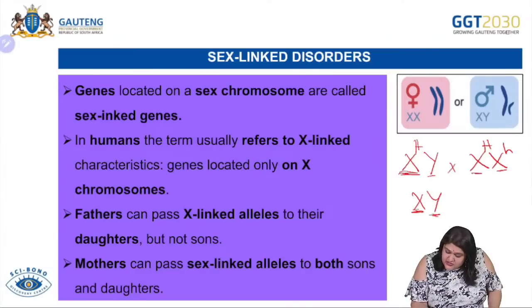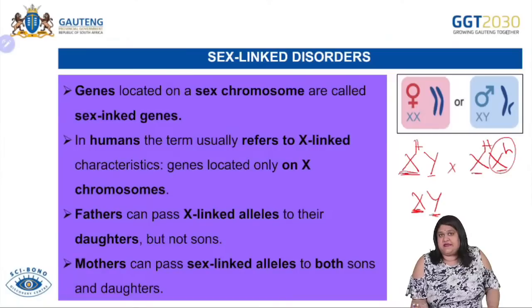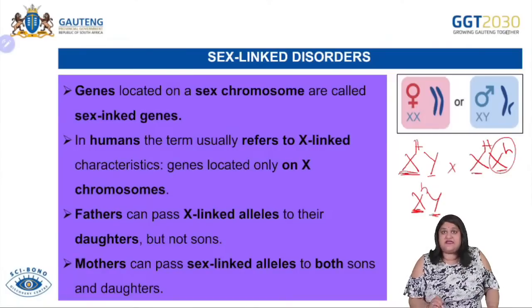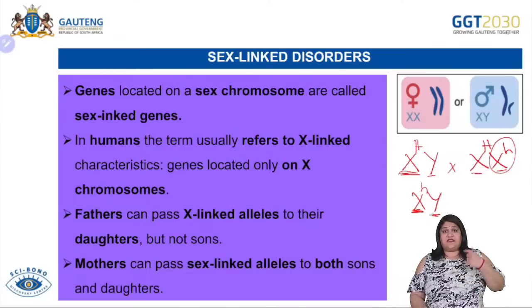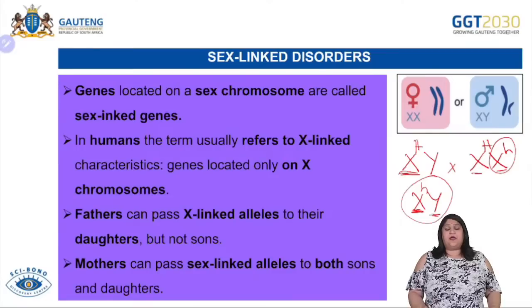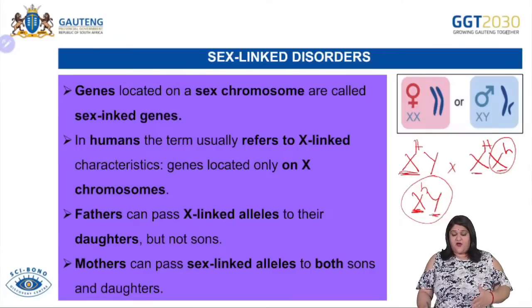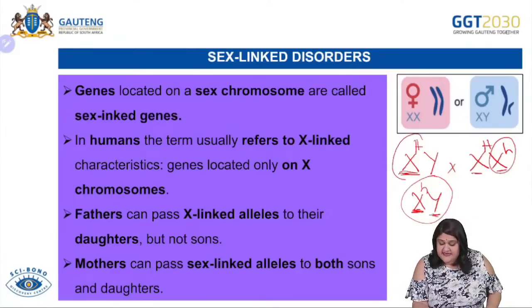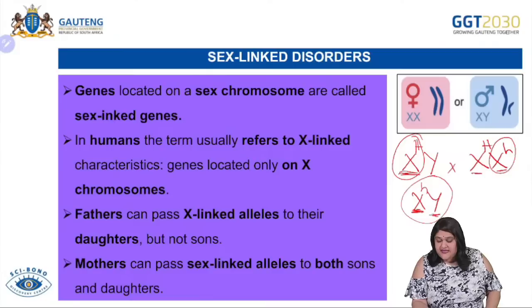And if this particular boy got the recessive allele that is carrying a disease from the mother, then this individual will have the disease. So that's what they mean by fathers can pass the X-linked alleles to their daughters but not their sons, because this X of the male can go to a daughter, who must get one from the father and one from the mother.